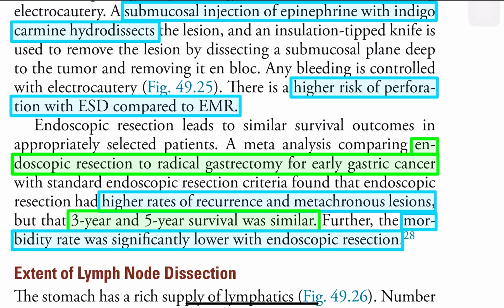In endoscopic resection, there is a higher rate of recurrence and metachronous lesions, but the 3 and 5 year survival was similar. This is the important one. Morbidity was significantly lower with endoscopic resection. It is obvious.